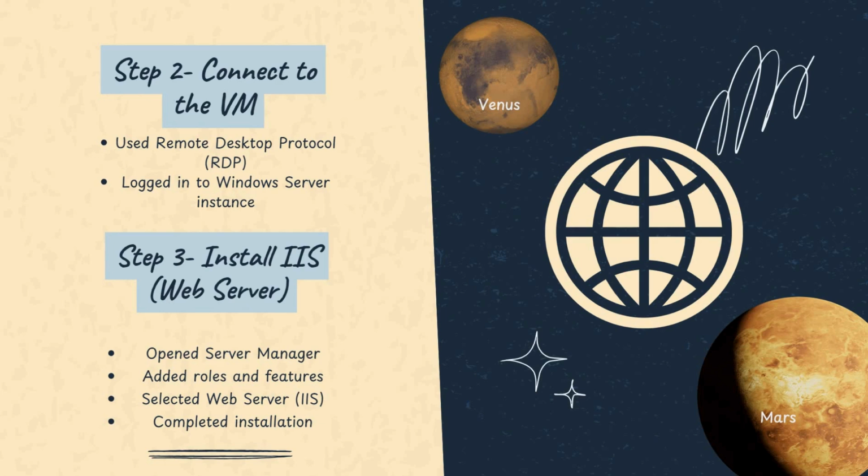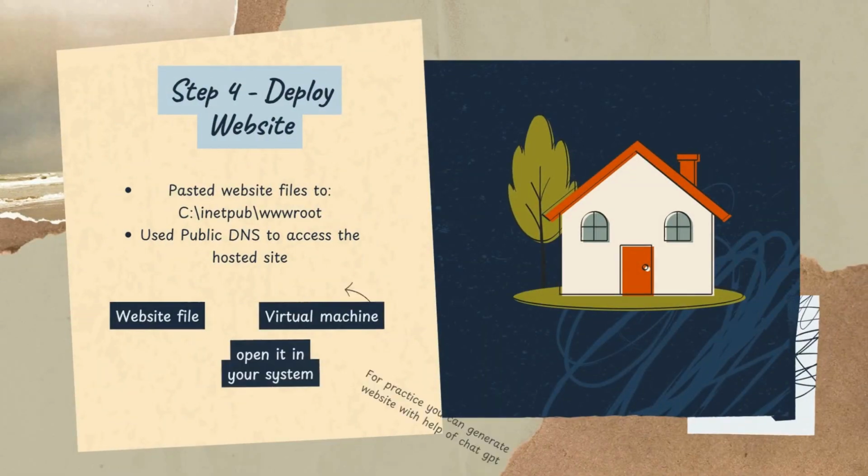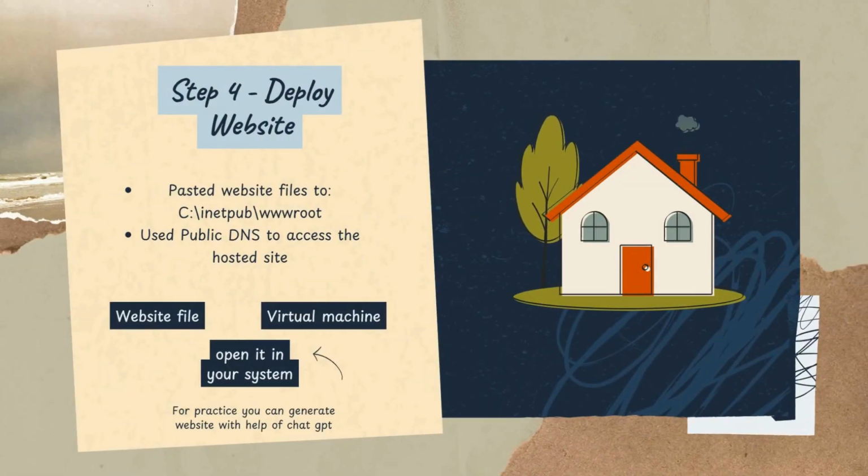Step 3. Install IIS. Once I logged in, I opened Server Manager and installed IIS, which is the web server software in Windows. It was a bit confusing at first, but I followed each step slowly and got it installed. The next step, Step 4. Deploy website.